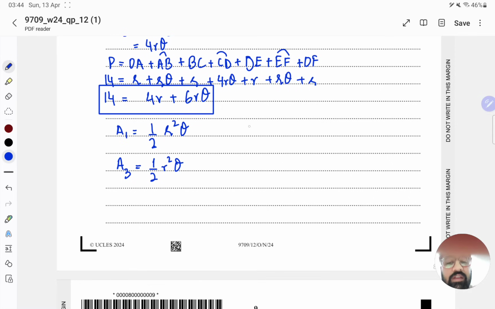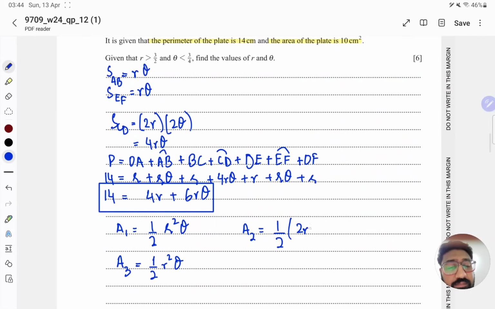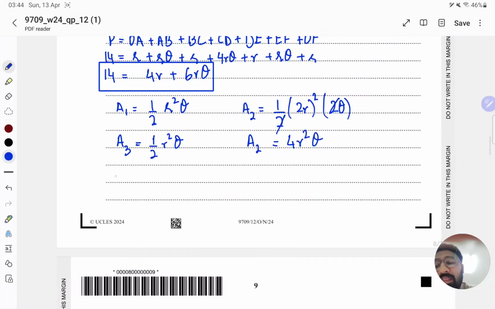For the area of the sector for the second portion, it will be 1 by 2, the radius is 2r squared, and theta is 2 theta. If I simplify, this and this will cancel out and we will be left with 4r square theta for the area of A2. In the question it says that the total area is 10.